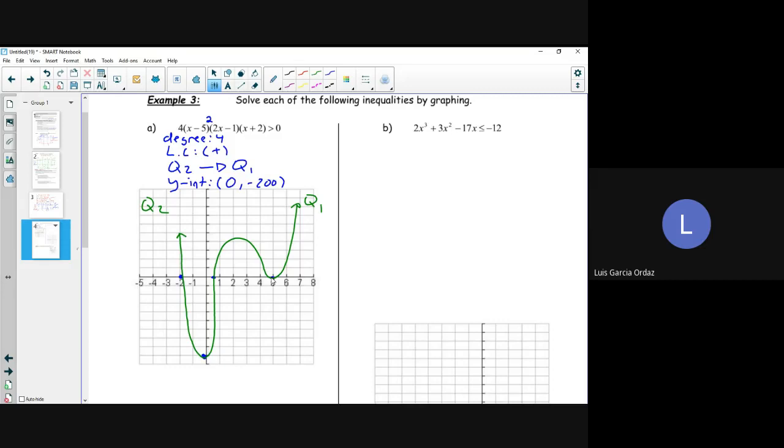So it's going to be above the x-axis from over here, in this section, and over here as well. I messed up, it's up until 2.